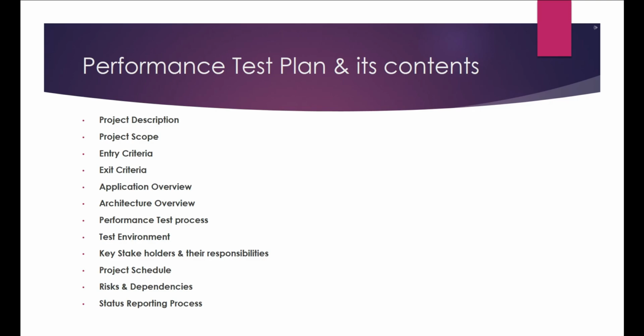Risks and dependencies. This is an important concept in the performance test plan. In this section, we would be updating the risks that we have for completing our testing and the dependencies that we have. Say for example, the test data needs to be prepared and be in place for performance testing.